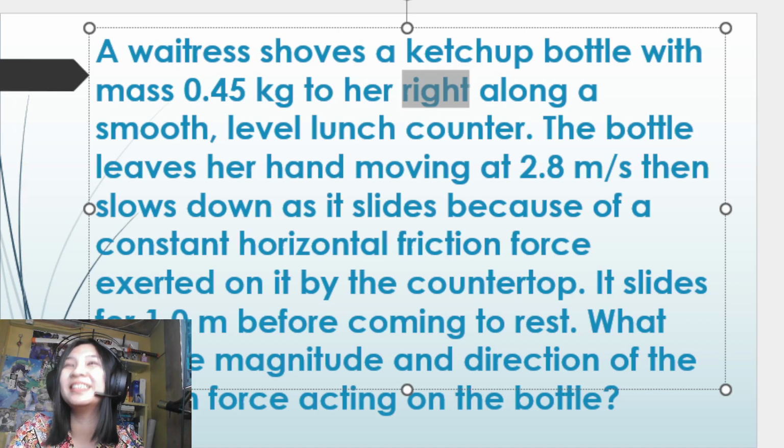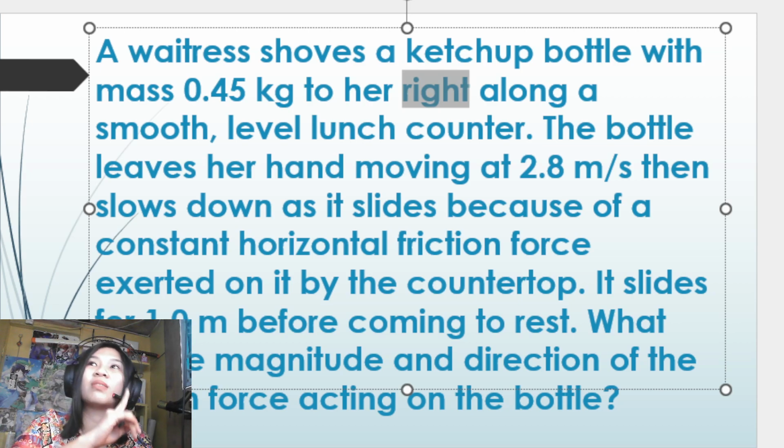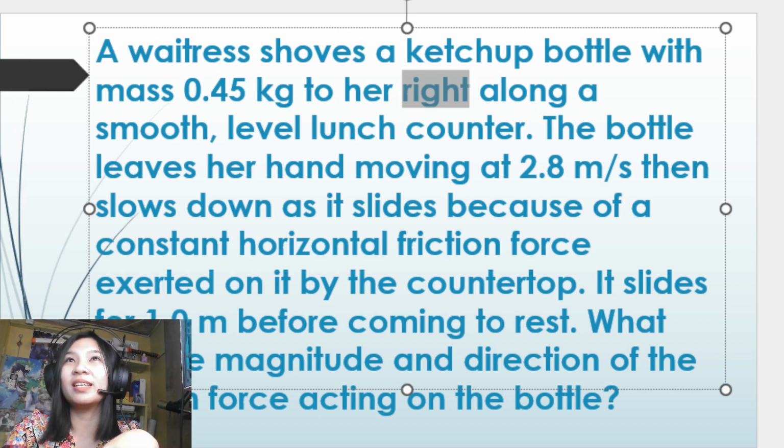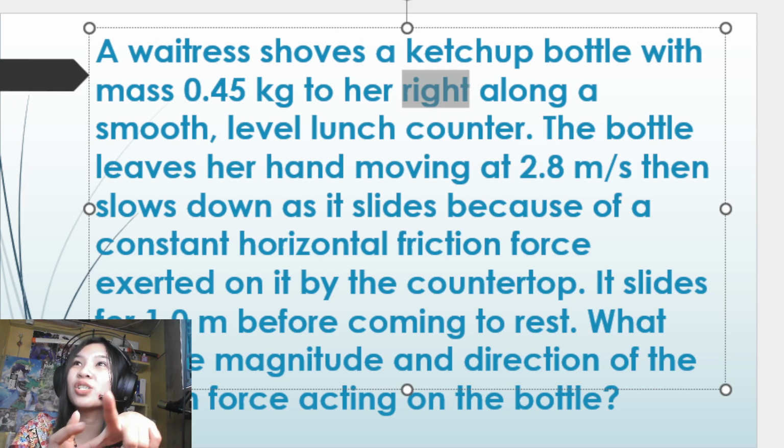Dili mag-uban si applied force o si friction. Mo-oppose na siya kay motion. So if your ketchup bottle is moving to the right, asa bang right? Para sa ako, dili akong right. No? So if it is going to the right, then the friction should be on the left.